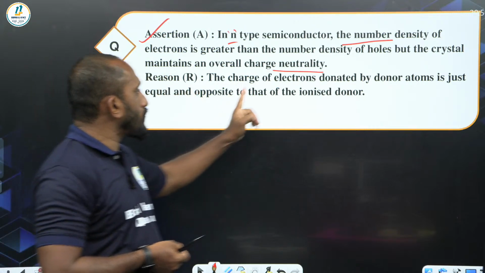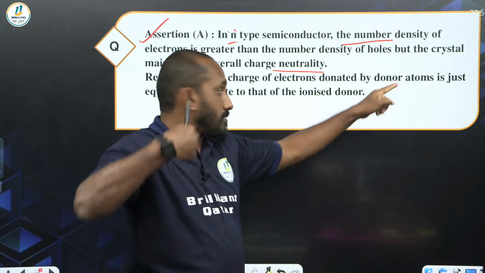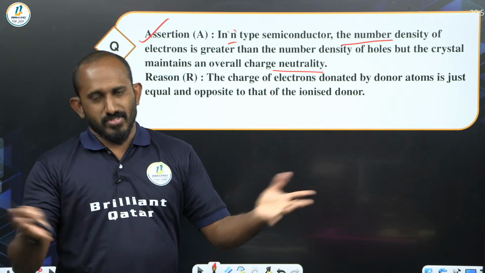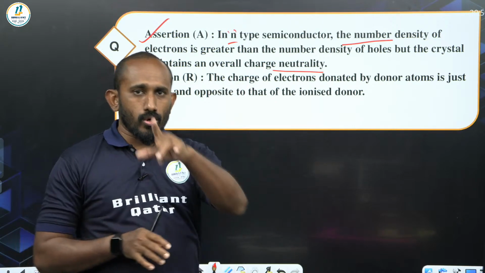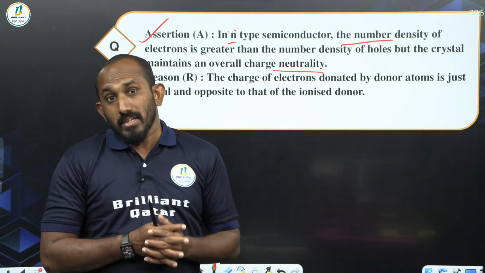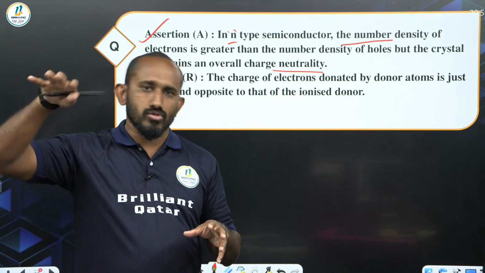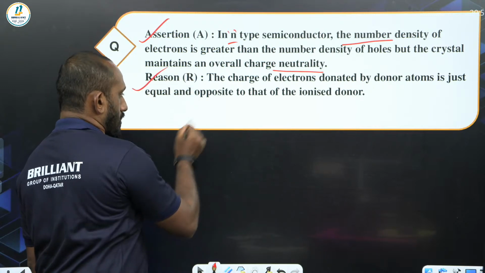Reason: the charge of electrons donated by donor atoms, the pentavalent atoms, is equal and opposite to that of the ionized donors. So the number of electrons is more, but as a whole the charge is 0, neutral, because an equal number of ionizations also happen. So both assertion and reason are true.